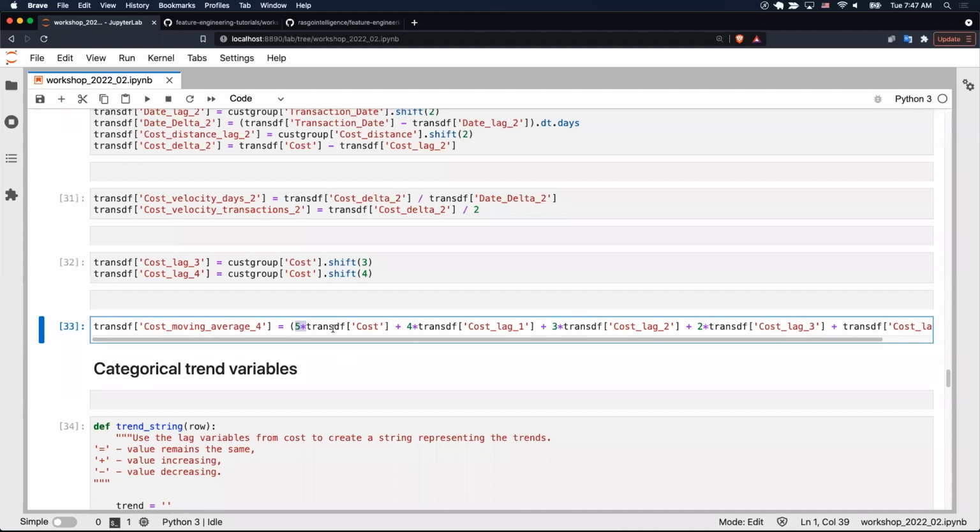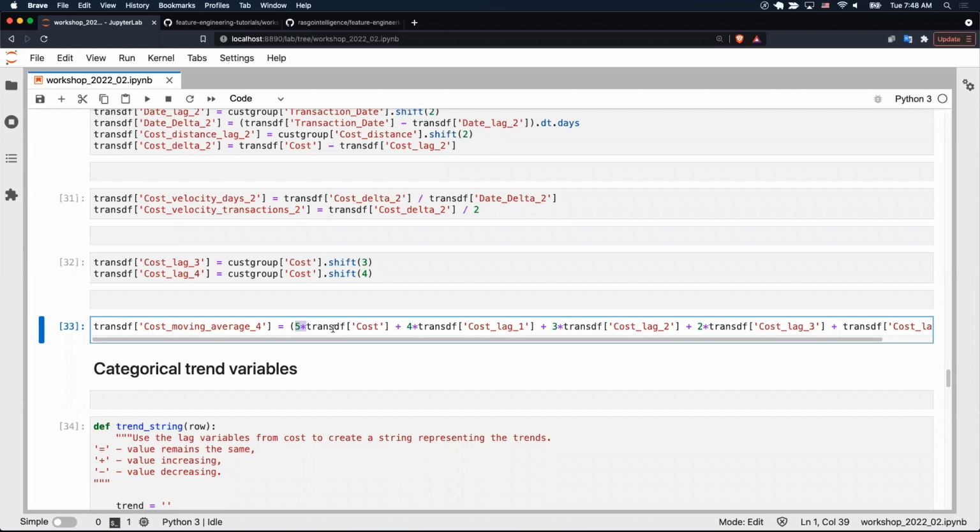But do you think that the customer's current purchase is more important to the customer's future behavior than their purchase 5 transactions ago or 4 transactions ago? I think in many cases, the current information is more valuable, more representative. So I'd like to give it more weight. So that's what we're doing, is we're weighting the more current information more heavily than the information from the past.